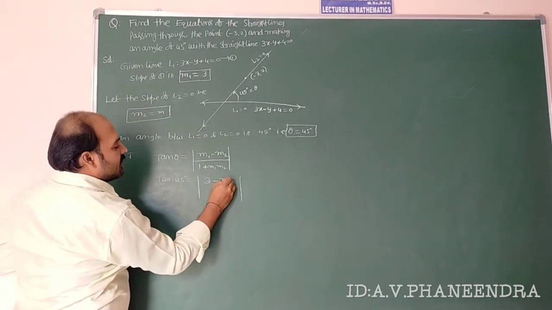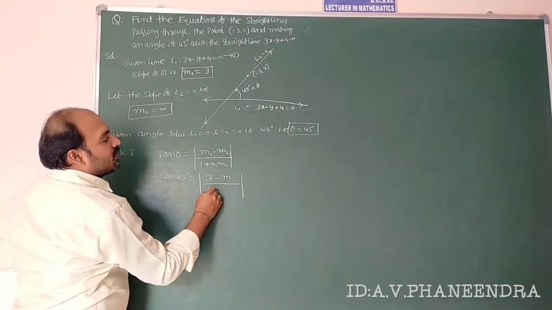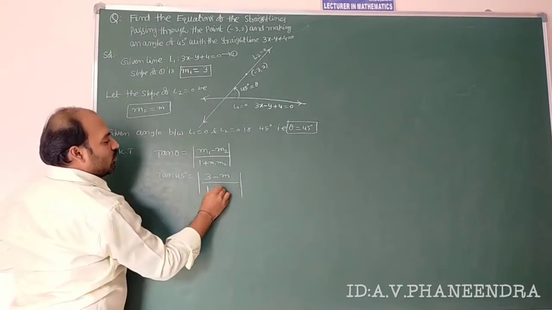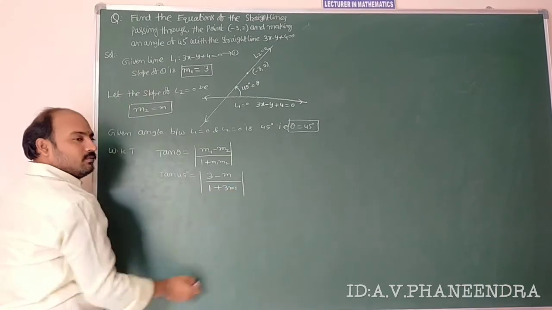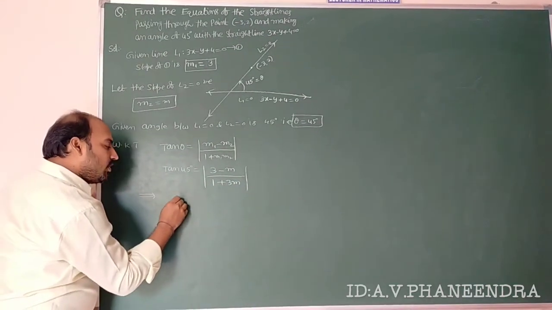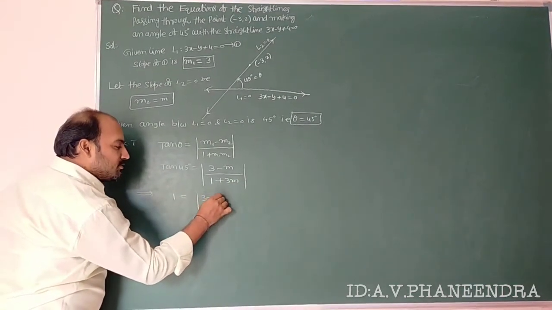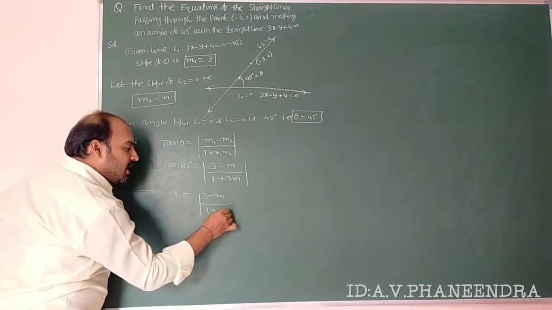So 3 minus m divided by 1 plus m1 m2, that is m into 3, 1 plus 3m. Tan 45 is 1. So 1 is equal to mod of 3 minus m divided by 1 plus 3m.